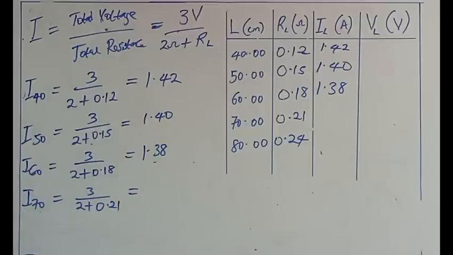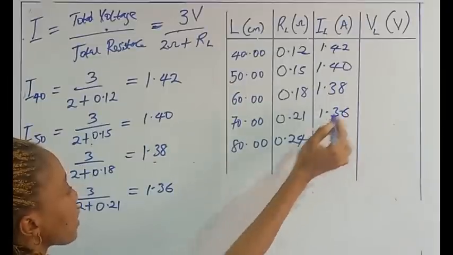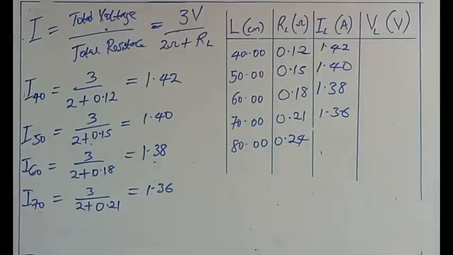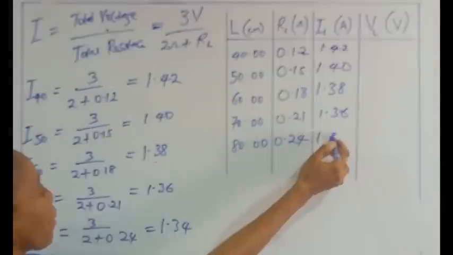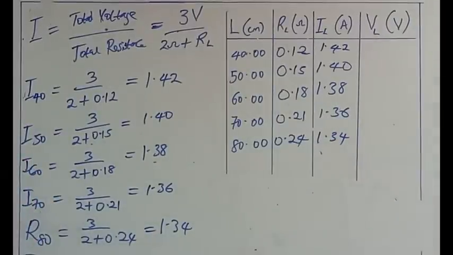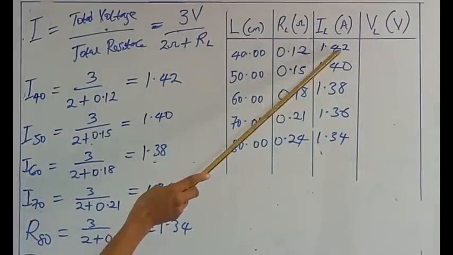R70 will give us 1.36. So we'll fill up 1.36. Then for R80, 3 over 2 plus 0.24. R80 will give us 1.34. So we have 1.34. Now we have succeeded in filling up the current.